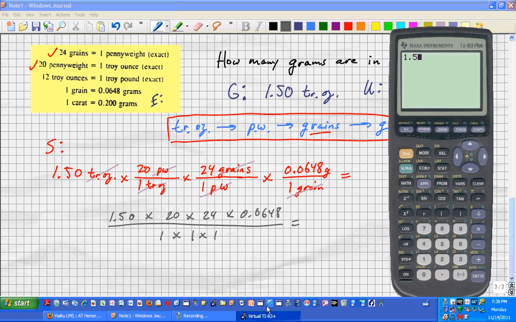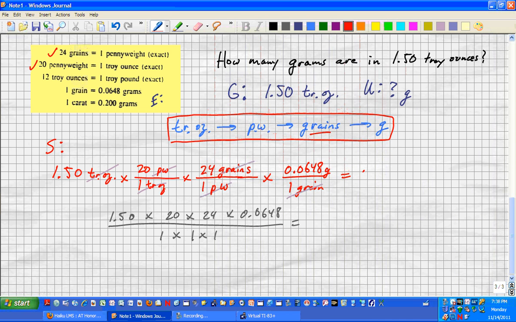Now I can go ahead and calculate this. So I've got 1.5 times 20 times 24 times 0.0648. Hit enter, and I get 46.656.